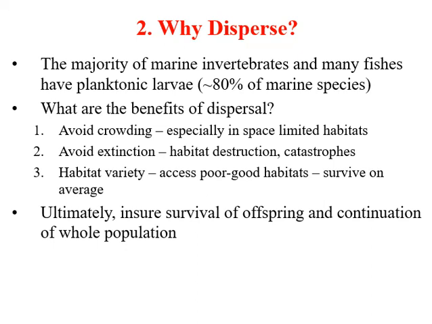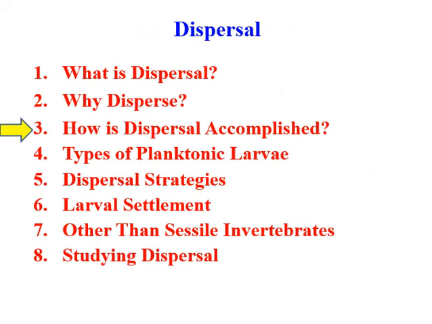Somebody's going to make it. And the more variety there is, then the greater chance that your species is going to survive and thrive. So ultimately what you're trying to do is keep the species from going extinct, keep the species going, so that it'll persist over time. And dispersal is a very good mechanism for achieving that.